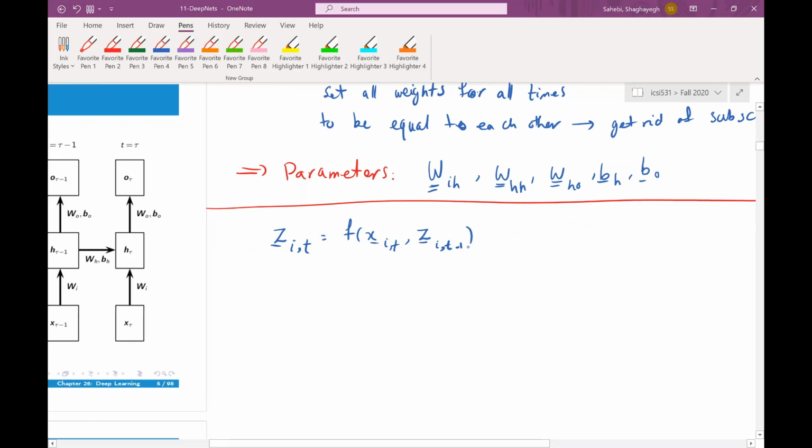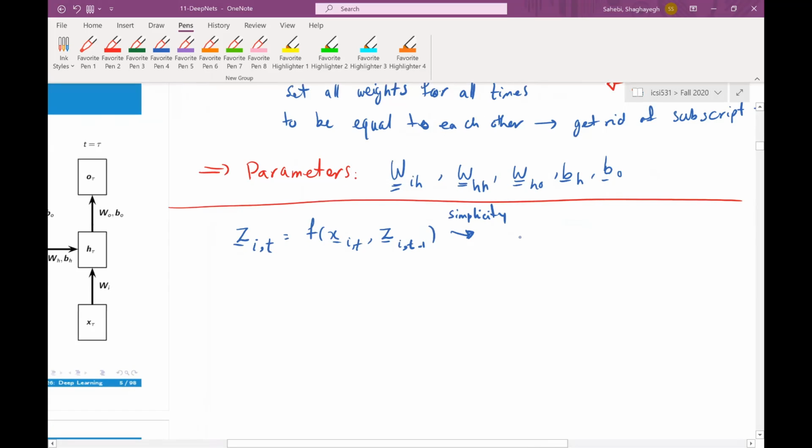That's what our assumption was. That's what the feedback loop is. So for simplicity, we are going to drop the i and rewrite it like that: Z at time t is equal to a function of x at time t and Z at time t minus 1.